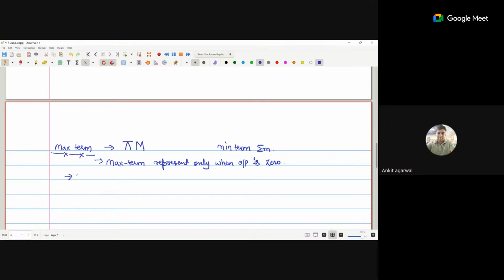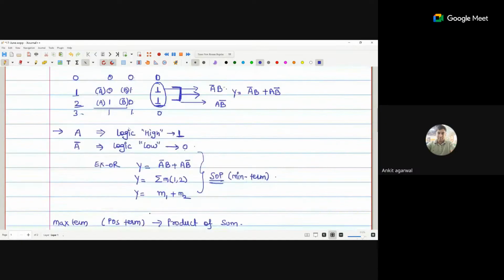Third thing, if any variable is represented in the form of A, that means logic low or 0. If any input variable is defined as A bar, that means logic high or 1. Clear?